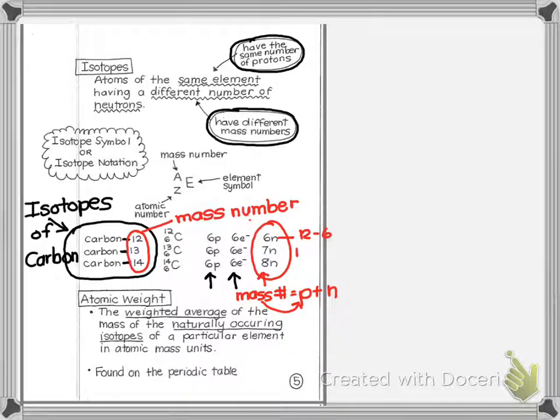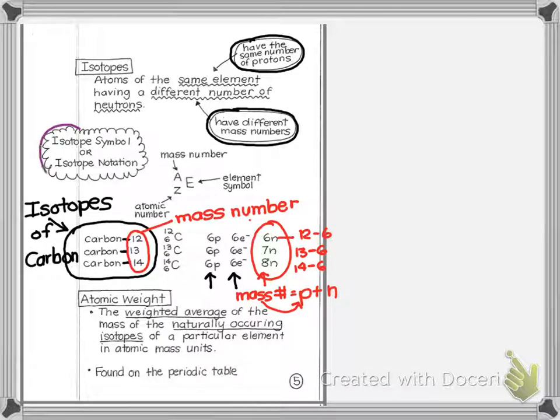On the second one, the mass number is 13, so 13 minus the atomic number, 6, equals 7. And the third has mass number 14, so 14 minus the atomic number, 6, is 8. So if we know the element and the mass number, we can figure out the number of neutrons. Now that brings me back up here to this isotope symbol.